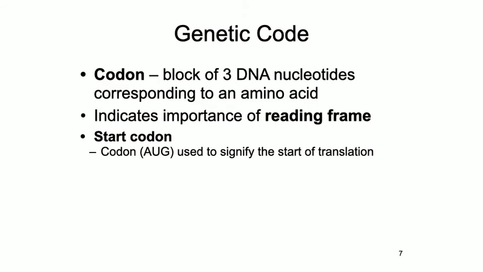So what that means is, okay, we're looking at a strand of mRNA. Remember, that's a polynucleotide. So we would have A, U, G, G, C, C, G, C, A, U, for example, right?